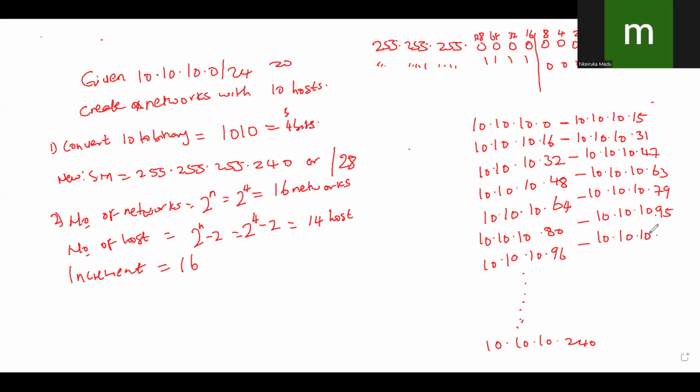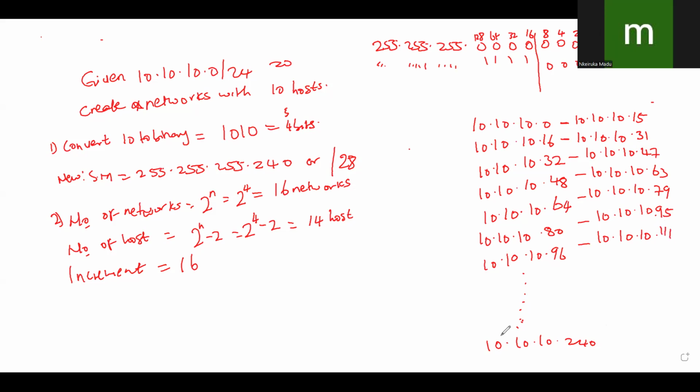I don't know. Work it out. It's going to be 111. 96 plus 16 minus 1. That's 111. Yeah, 111.